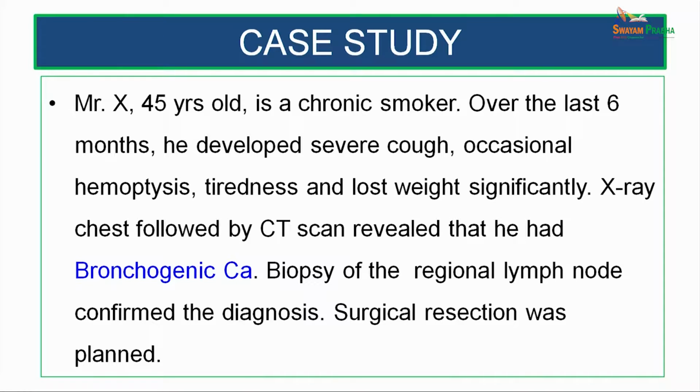Over the last 6 months, he developed severe cough, occasional hemoptysis, tiredness and lost weight significantly. X-ray chest followed by CT scan revealed that he had bronchogenic carcinoma. Biopsy of the regional lymph nodes confirmed the diagnosis. Surgical resection was planned.